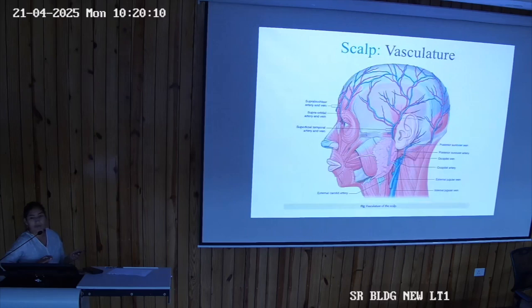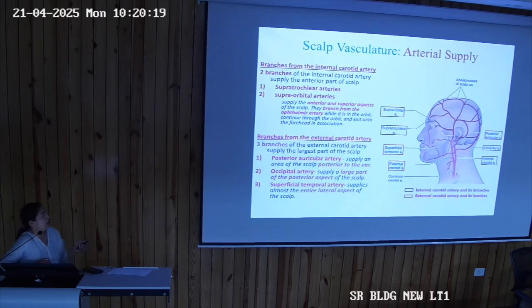Next, starting with the vasculature, that is the arterial supply and the venous drainage of the scalp. This arterial supply is not only with the external carotid artery, it is also with the internal carotid artery.